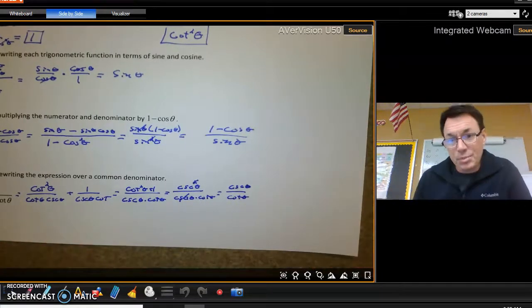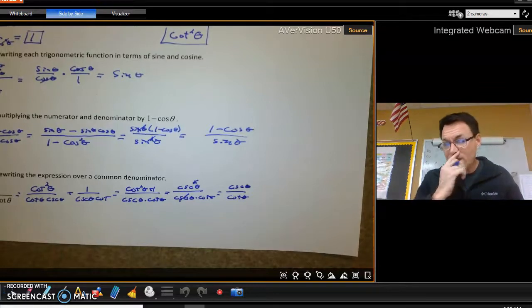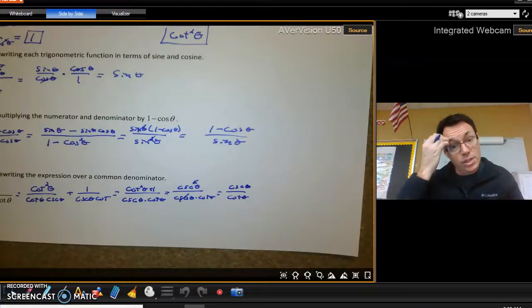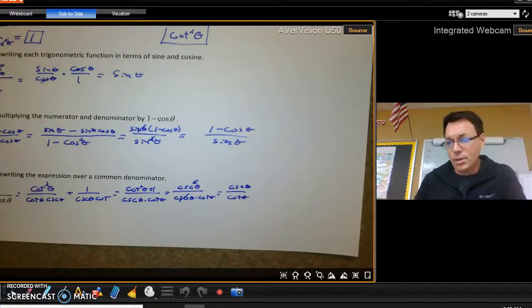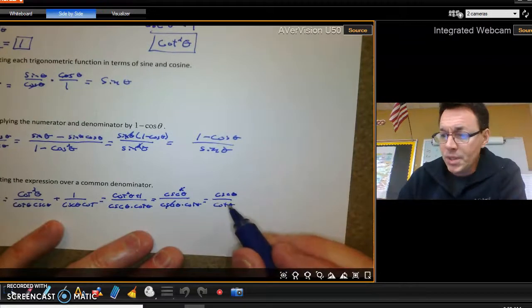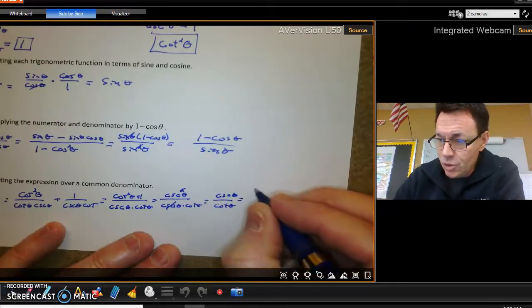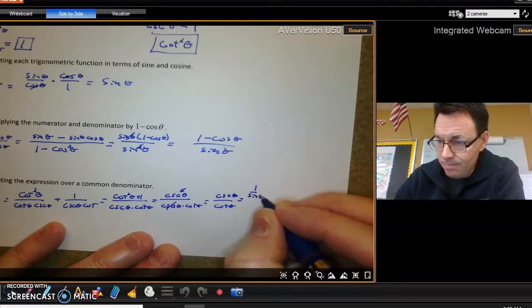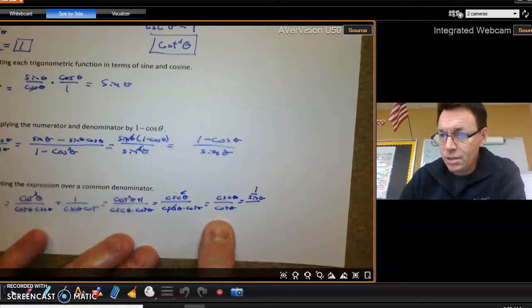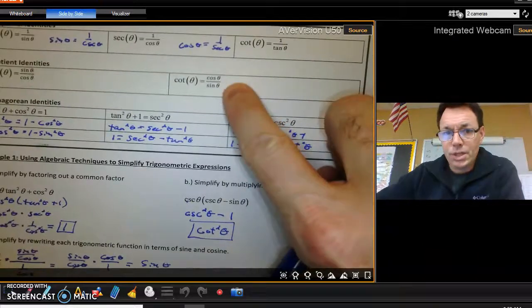Now, I could stop there. Again, when we get to the identities, you're going to know where to stop because the one side of the equation is going to tell you where you're trying to get to. Or I could keep going with this. Cosecant is the reciprocal of sine. So this is 1 over sine. Cotangent is cosine over sine.